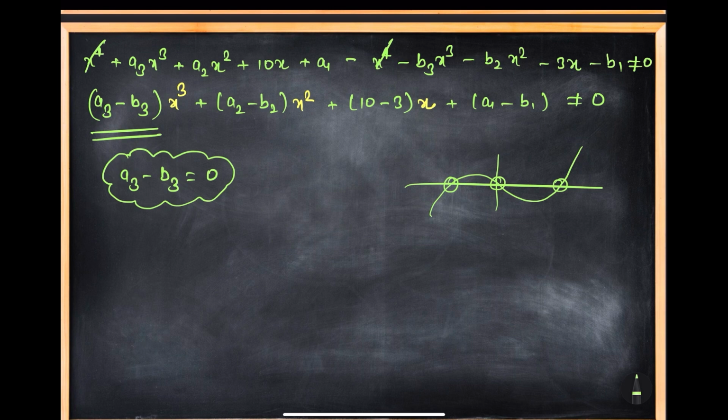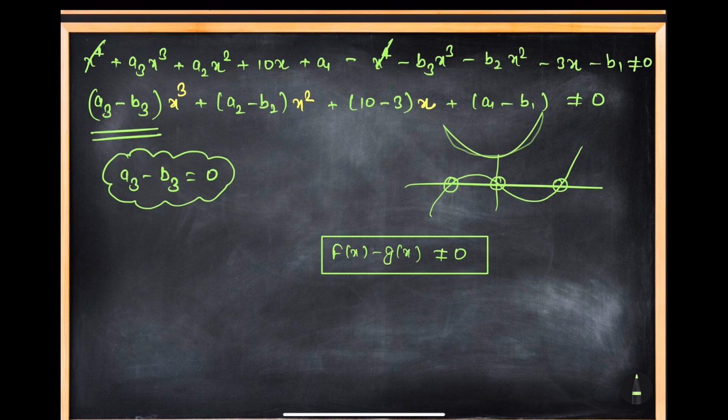But they are saying that f of x minus g of x is not equal to 0, means there is no real number for which this polynomial should have a root. Okay, so this is a quadratic. If it is a quadratic, there is a chance that we may not have real roots. The graph will never intersect the x-axis. So a3 minus b3 equals 0.